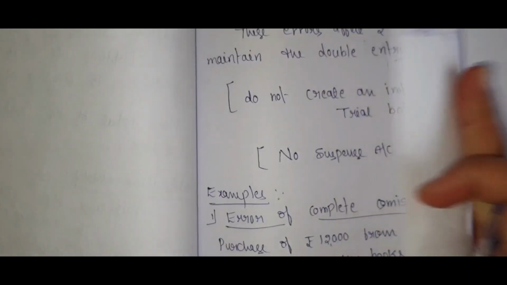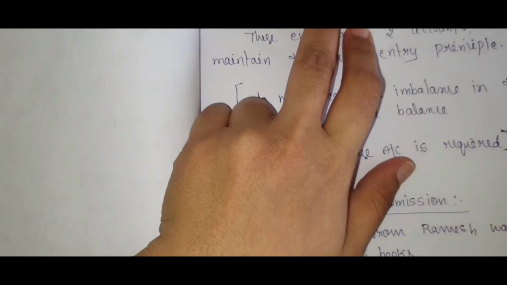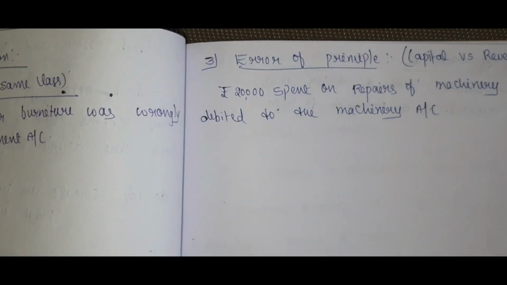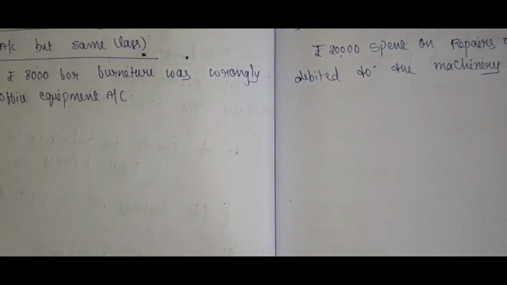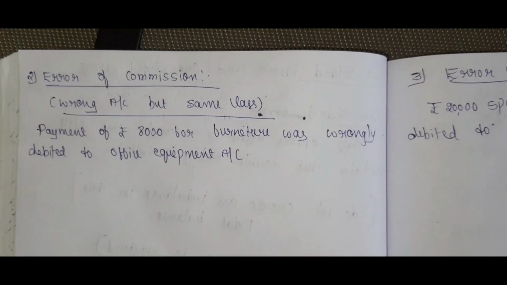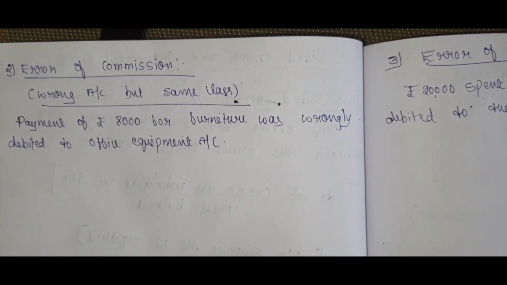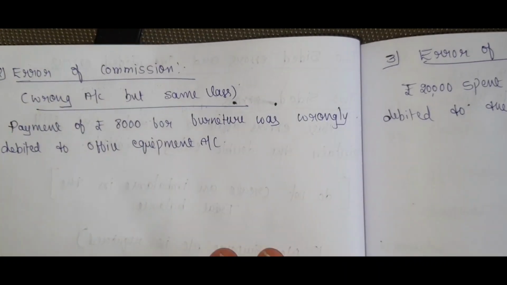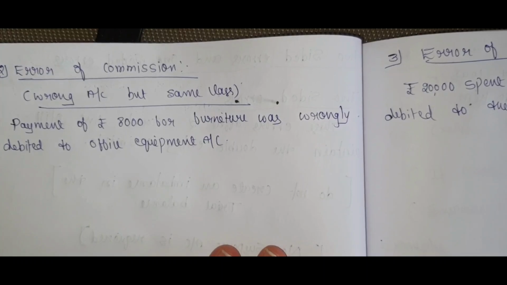Now we will see the next example for two-sided errors. Error of commission. It means wrong account but same class.